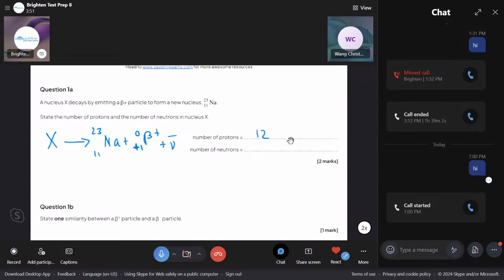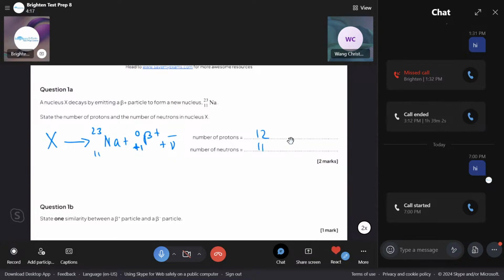And hence, how many neutrons? 11. 11. Okay. So what would that be? Calcium. Oh, calcium, or no. Magnesium. Magnesium, right?